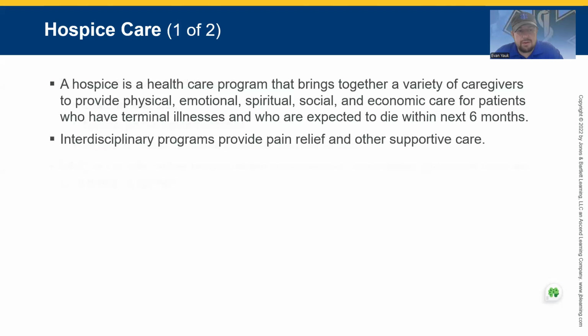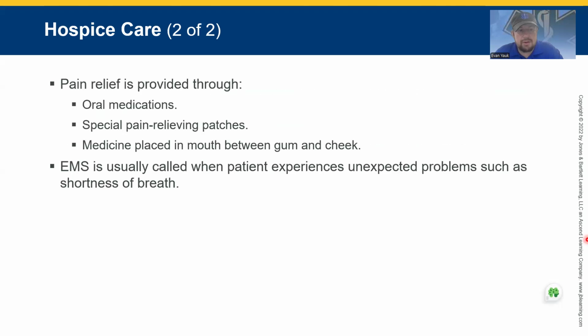We could go deeper, but pain relief is provided through oral medication, special pain relieving patches, medicine placed in the mouth between the gum and the cheek. EMS is usually called when the patient experiences unexpected problems such as shortness of breath.